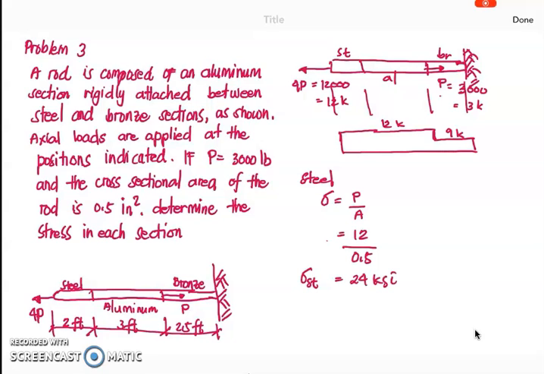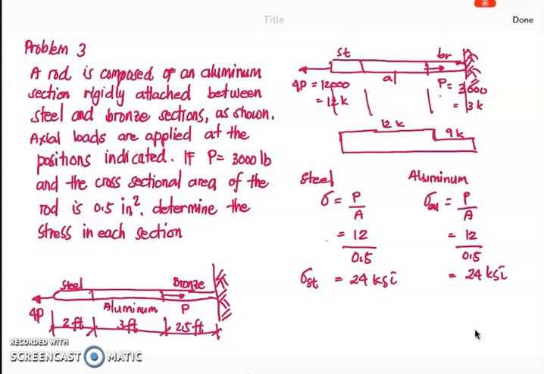And if we're going to have the aluminum, of course, stress on the aluminum is equal to P all over A. So therefore, you can have here 12 all over 0.5, and simply we have the value which is 24 ksi.